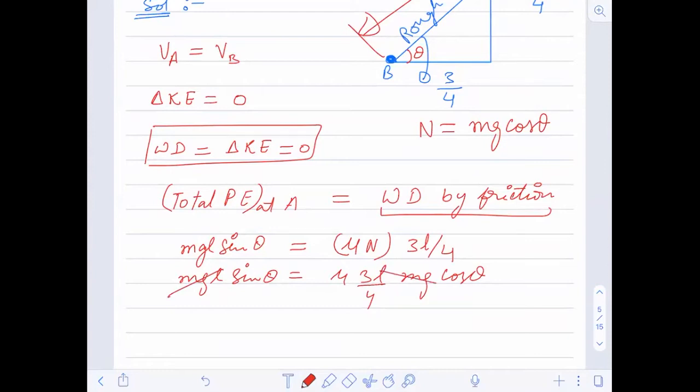I have to calculate the value of mu, so I'm keeping the mu there itself, and I'll get 4 tan theta by 3. I had got one answer, option A, which is wrong. So it should be 4 tan theta by 3.